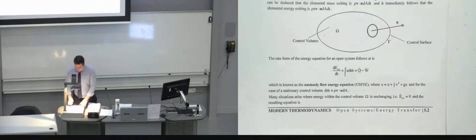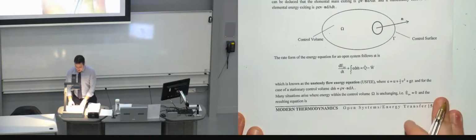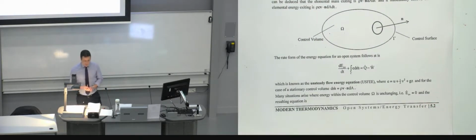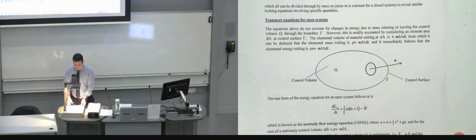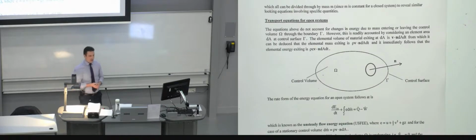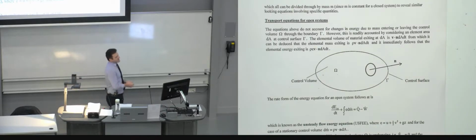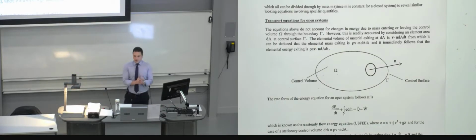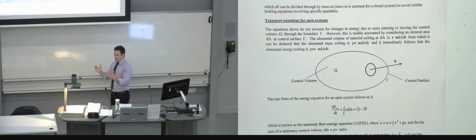Now, before looking at the open systems, we want to look at this diagram, which we have had in the past as well. It's the simplest diagram that represents a simple system.